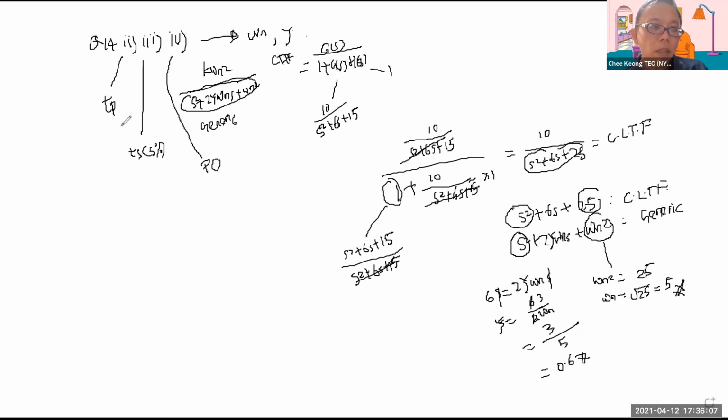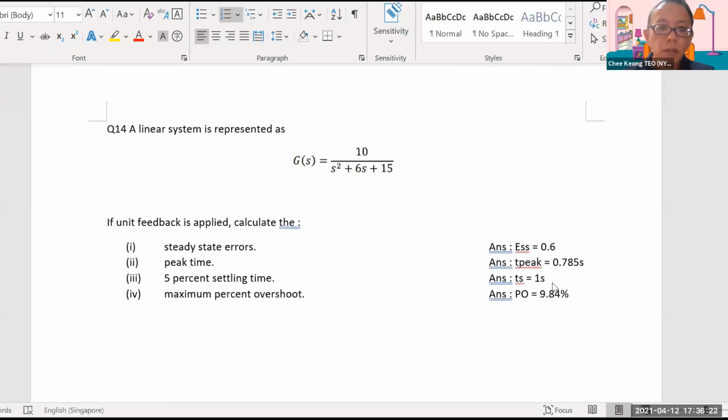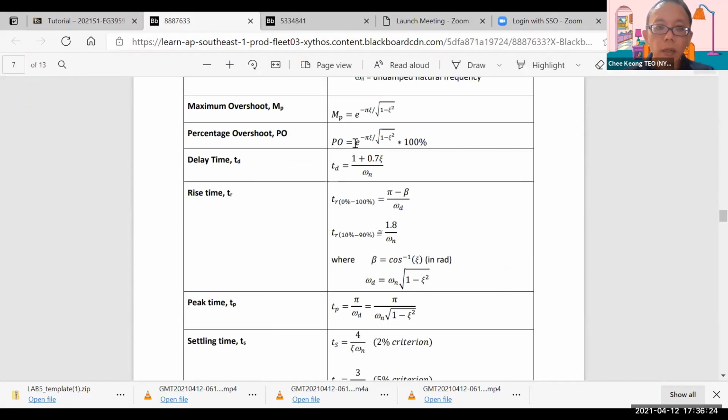Now these three equations can be found inside your equation sheet, right? So let me see if I can share the equation right now to show you. Now you can see percentage overshoot, with your zeta, you can find.